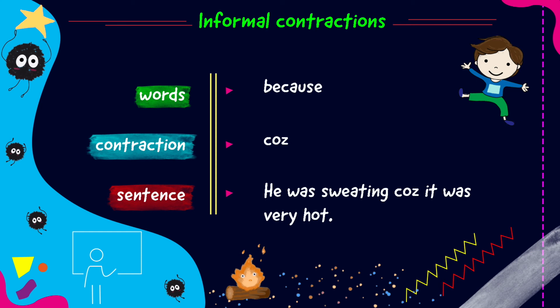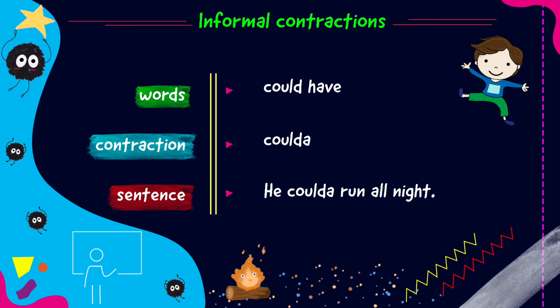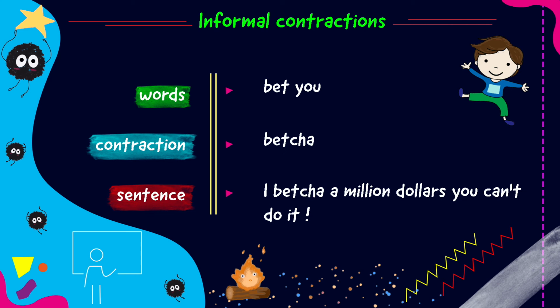Because, 'cause. He was sweating 'cause it was very hot. Should have, shoulda. I should have bought a new car. Could have, coulda. He could have run all night. Bet you, betcha. I bet you $1 million you can't do it.